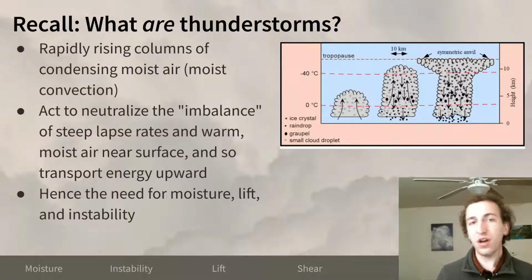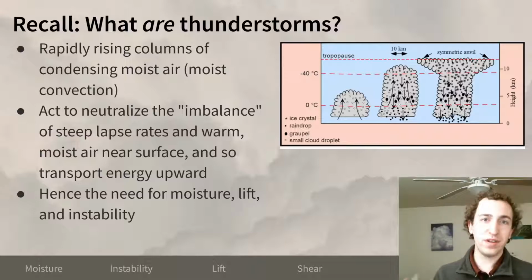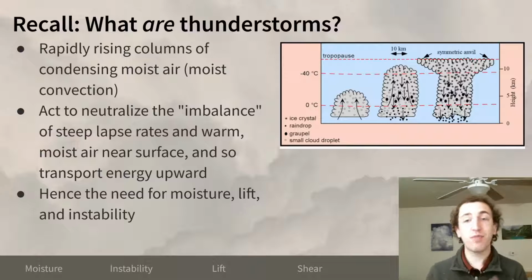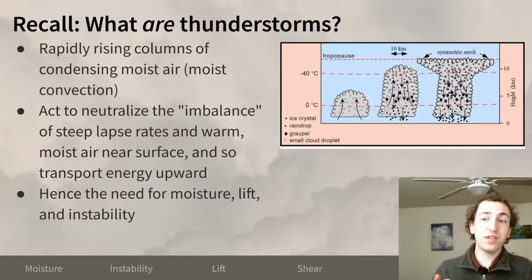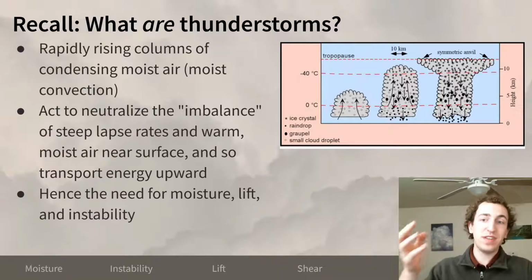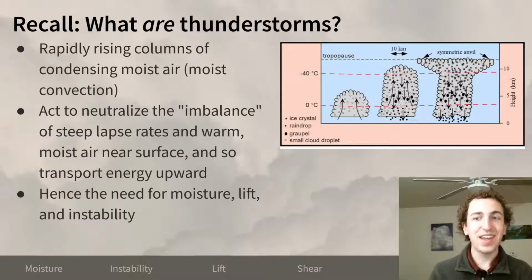So, to recall from past discussions in this course, what really are thunderstorms in a meteorological sense? They're rapidly rising columns of condensing moist air, so it forms a cloud. But it's convection, so it's air moving upward, rising rapidly.